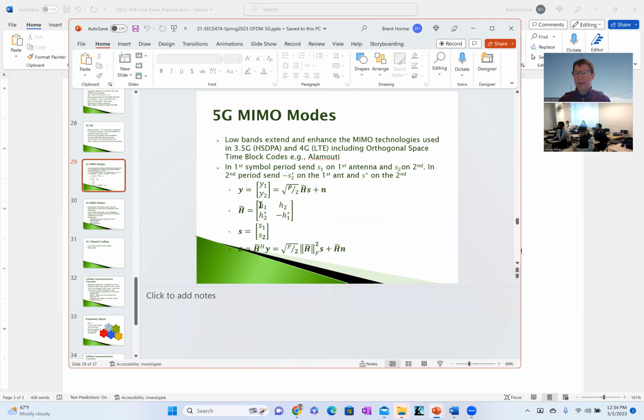We flip them around, and we send symbol two on antenna one, but we take the complex conjugate of it. And then we take symbol one and send it on antenna two, but take the complex conjugate and then multiply it by a -1, right? So we're sending basically the same information, but a little bit modified.